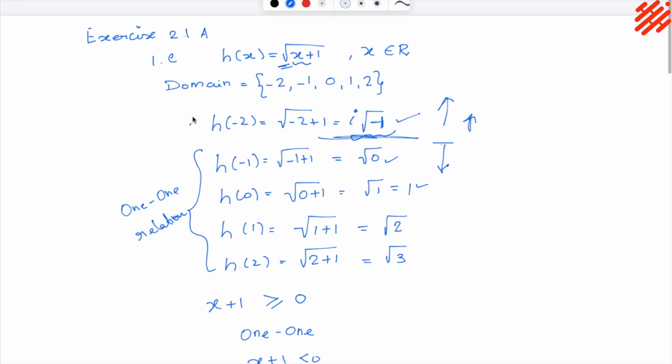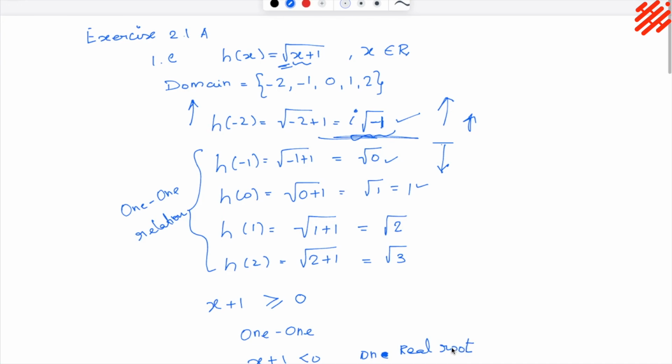From here onwards, whenever x plus 1 is less than 0, there are no real roots available, no real output or no real codomain is available.